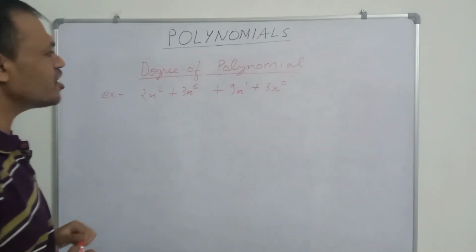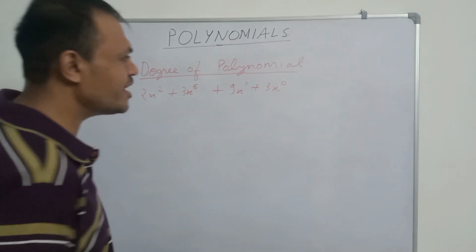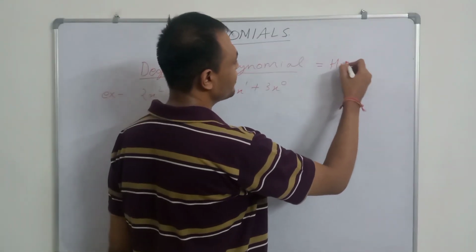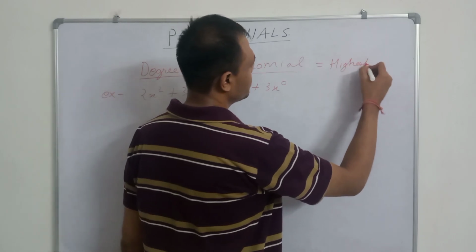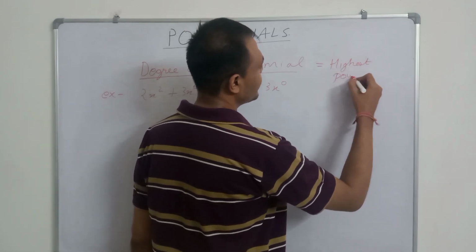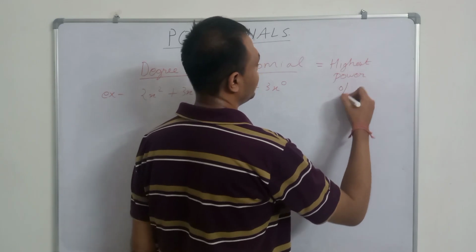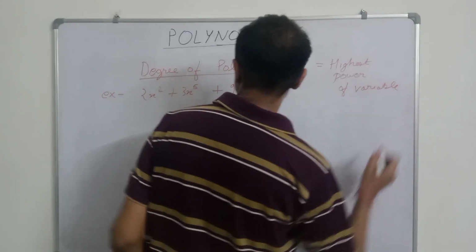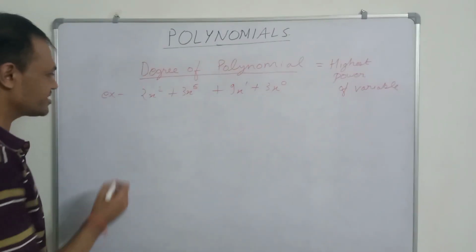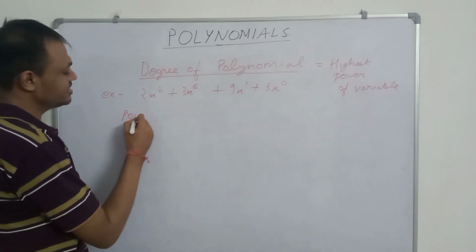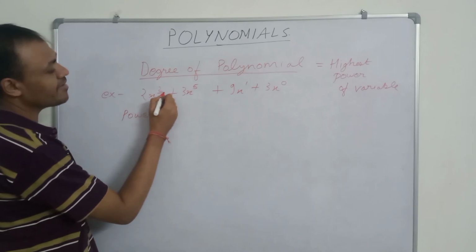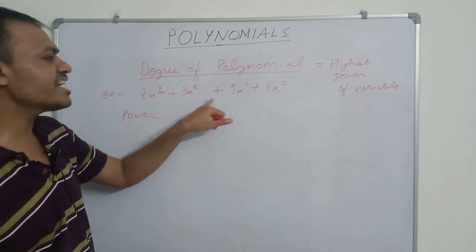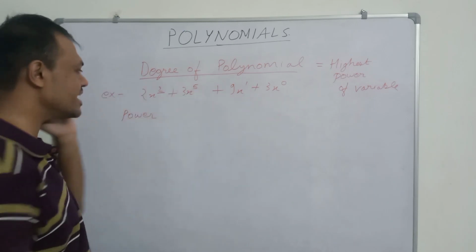Now we come to degree of polynomial. The degree of a polynomial is the highest power of the variable, x, y, anything. Here the variable is x. The polynomial is 2x square plus 3x to the power 5 plus 9x to the power 1 plus 3x to the power 0.